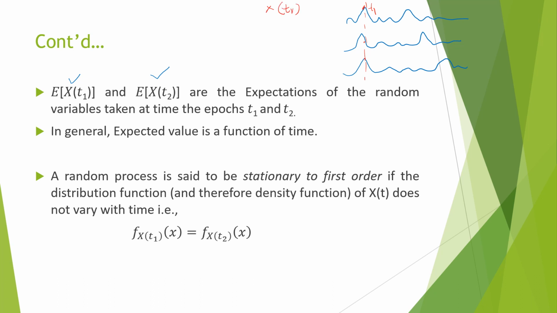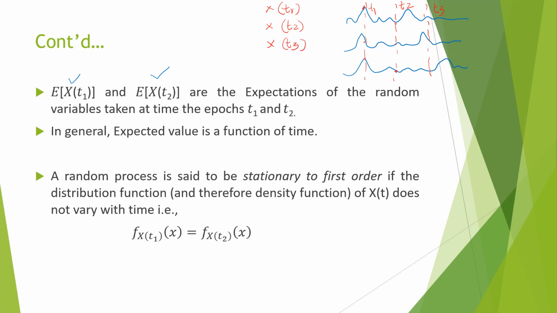Similarly, I'll take another time t equal to t2. At this time t2, these points or values constitute another random variable X(t2), and so on. If I take t3, then X(t3) constitutes another random variable.